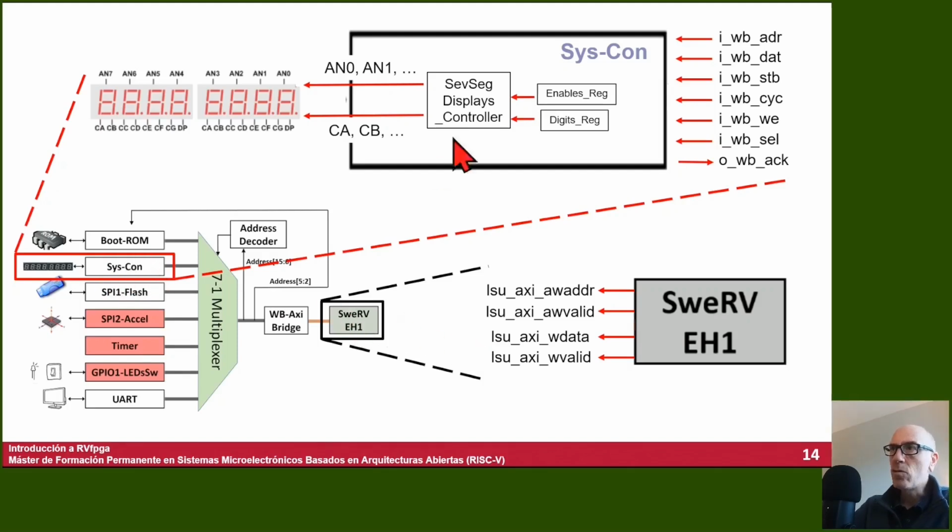The controller receives Wishbone bus signals that write the desired number to the enable reg and digits reg registers. These registers are connected to the 7-segment display controller, which functions as explained earlier to generate AN0 to AN7 and CA to CG signals controlling the number displayed on the 8 7-segment display digits.